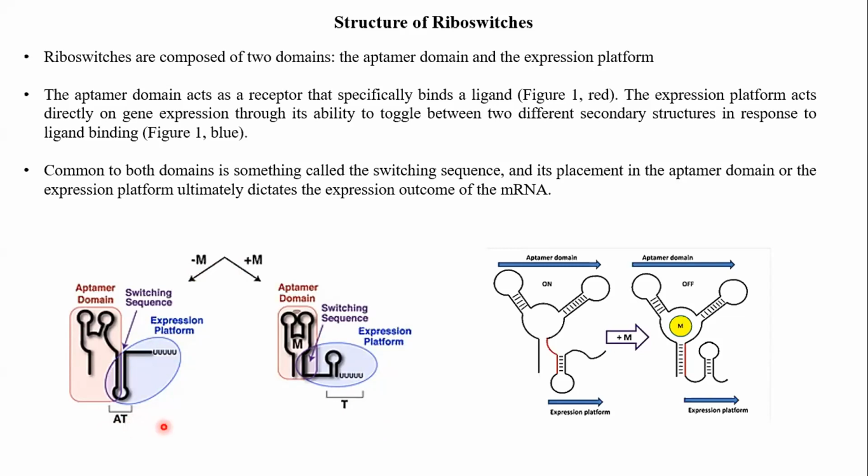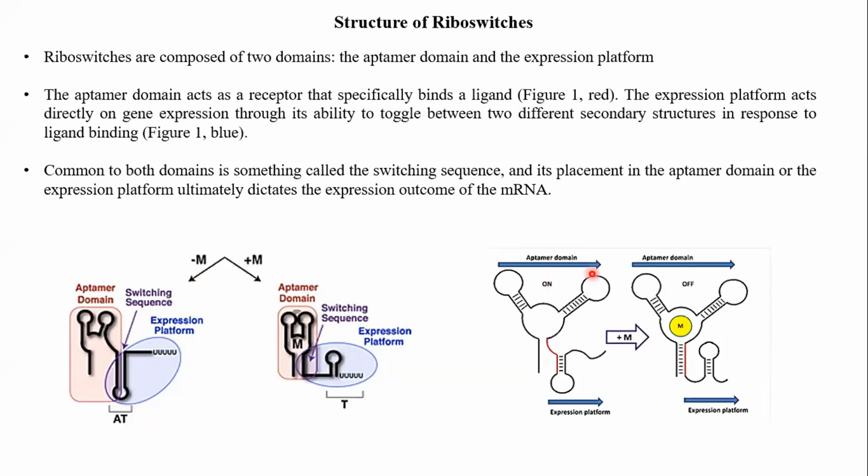This AT is for anti-termination. Anti-termination means against the termination. That means the gene will get expressed. And when the metabolite is present, it will form a termination structure. So the signal goes for termination, so terminate the transcription.